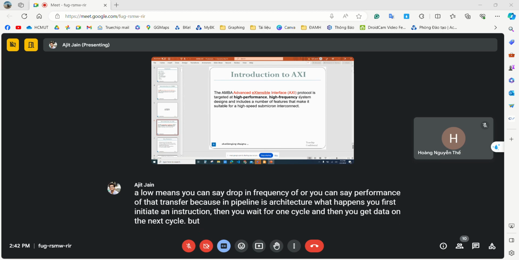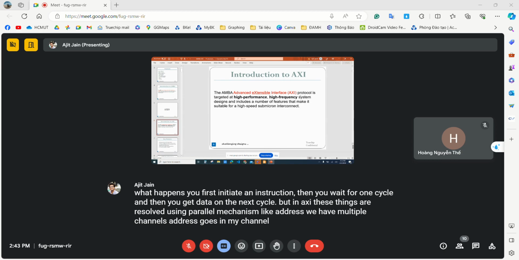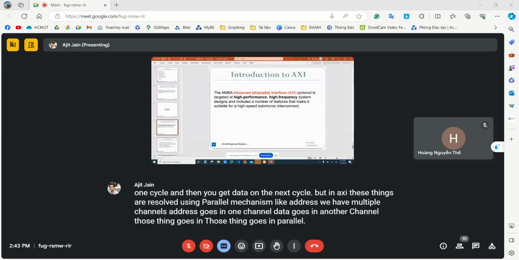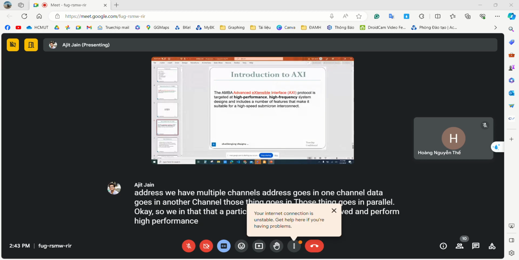But in AXI, these things are resolved using a parallel mechanism. We have multiple channels: address goes in one channel, data goes in another channel, and they go in parallel. So clock cycles are saved, and high performance is achieved.